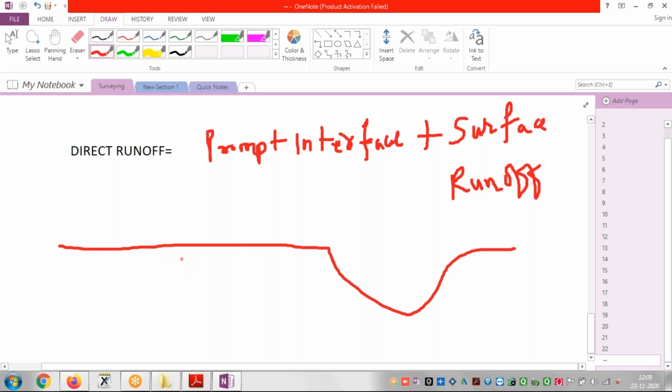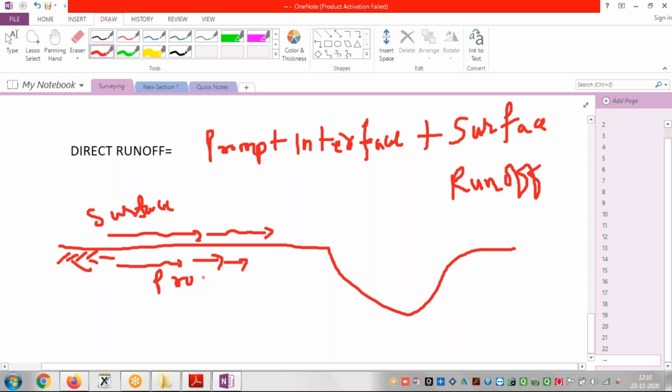See, this is our surface and some part of water is flowing here, right? And some part of water is just below the surface, but it is nearer to the surface. This is the bed. So this is surface runoff, and some part of water is here below the surface, that is prompt interflow. And when we combine these two, then we will get the direct runoff. Is it okay?